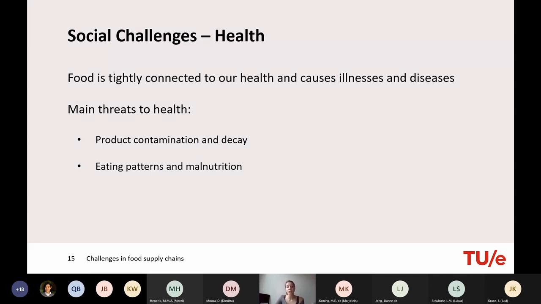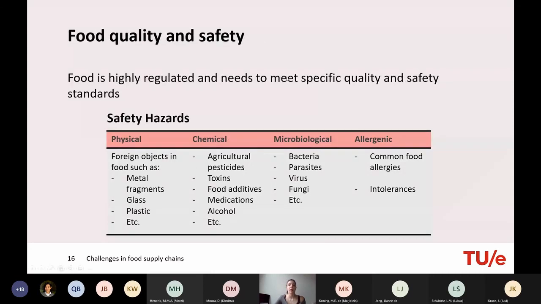There are a few main threats to health, which are product contamination and decay, relating to food safety issues and product degradation, and unhealthy eating patterns and malnutrition. So when we're talking about food, we always want to talk about what is a healthy consumption and how can we meet the nutritious demand of our customer.